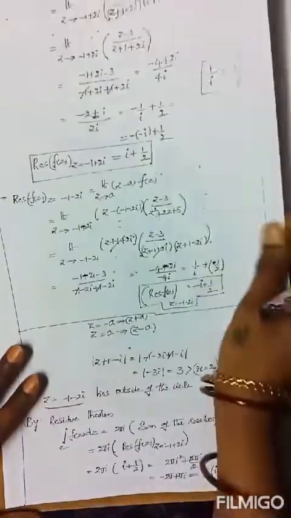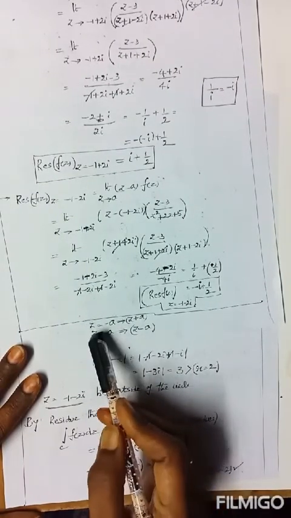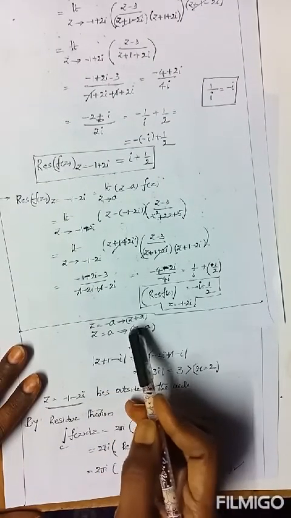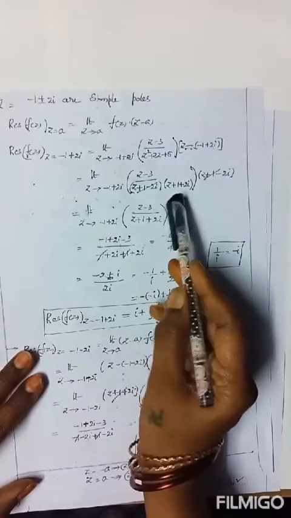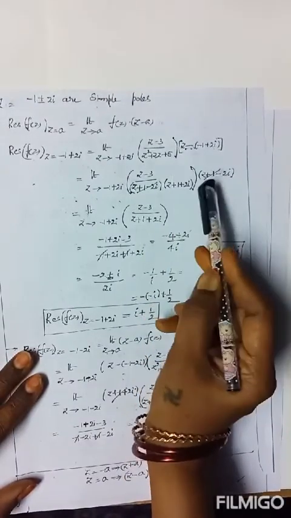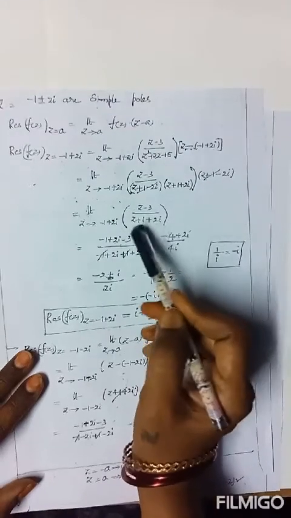Here z equal to a is a root, z minus a is called a factor. Z equal to minus a is a root, z plus a is called a factor. Likewise, here also from these two roots you can write factors, z plus 1 plus or minus 2i. By cancellation, this is the resultant value.